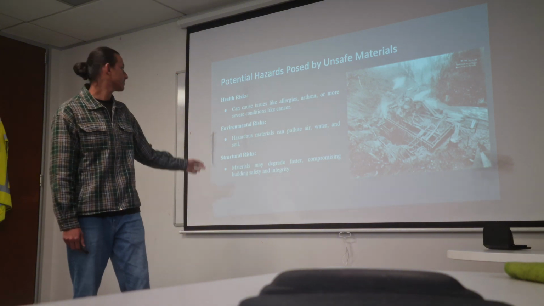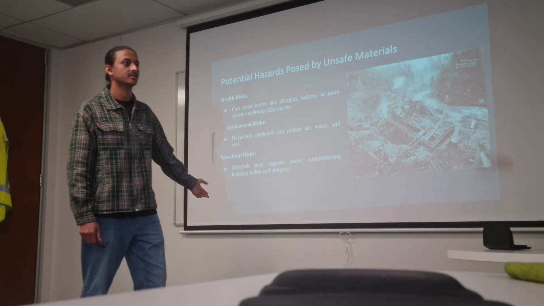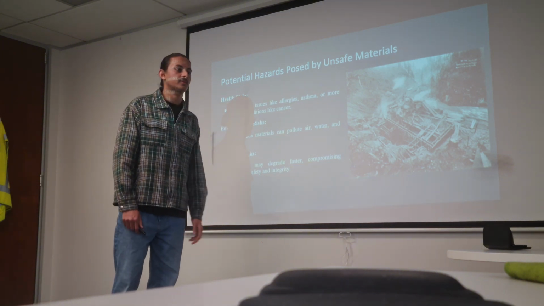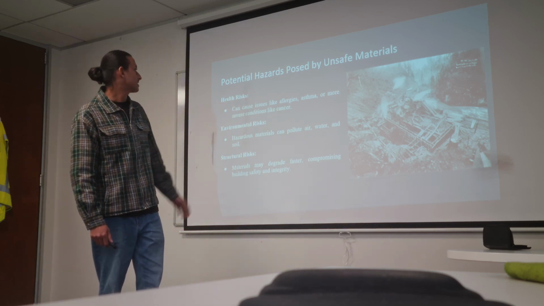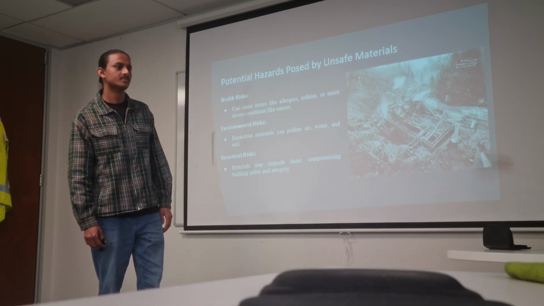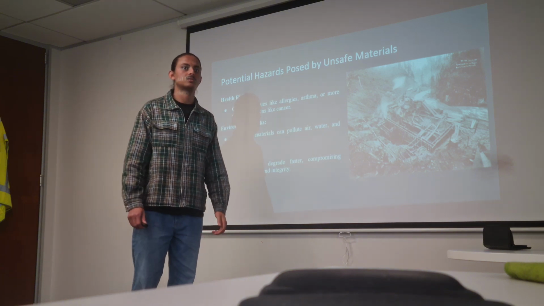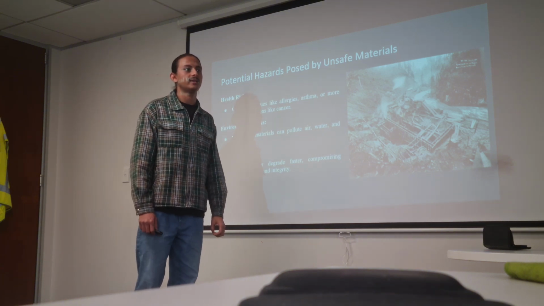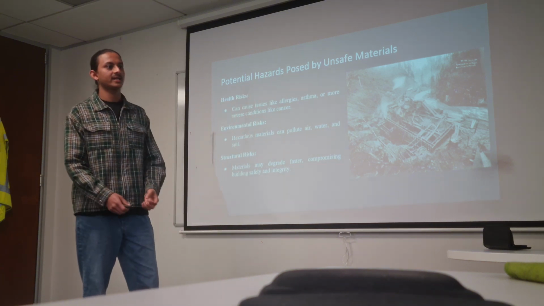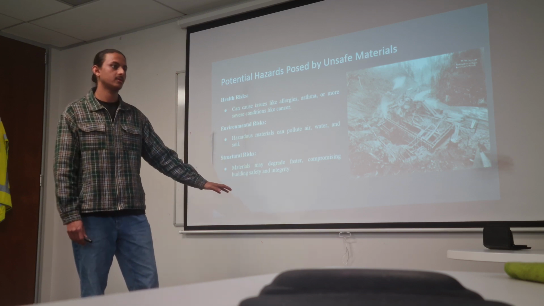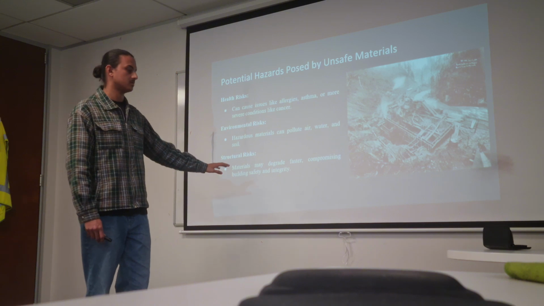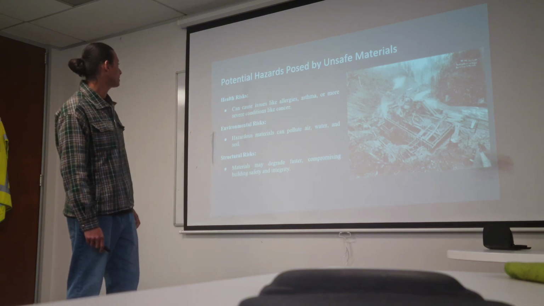Health risks, environmental risks, and structural risks. Health risks, it can cause... Explain more, please. Go into the details. Health risks. What kind of health risk? It can cause long-term diseases like cancer and allergies, which can affect children mostly because they are unaware of the ongoing health risk.